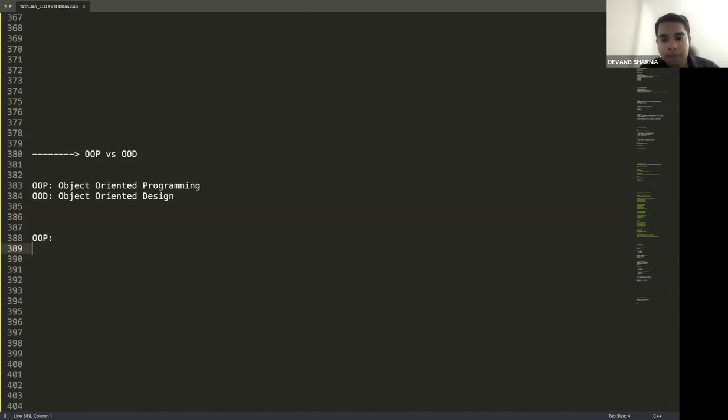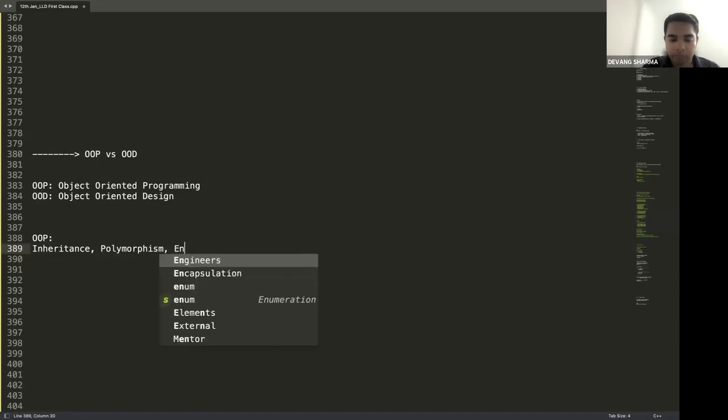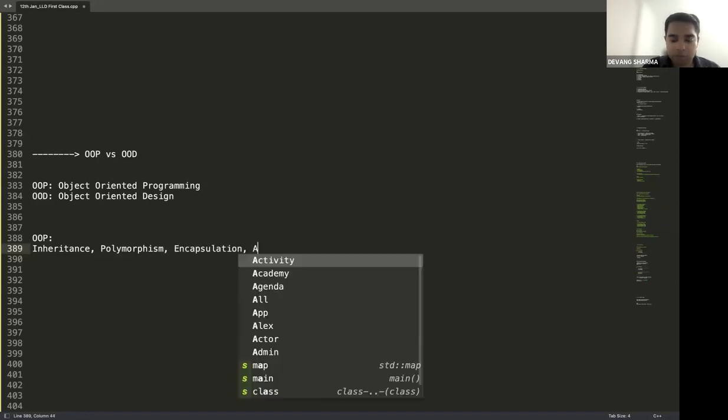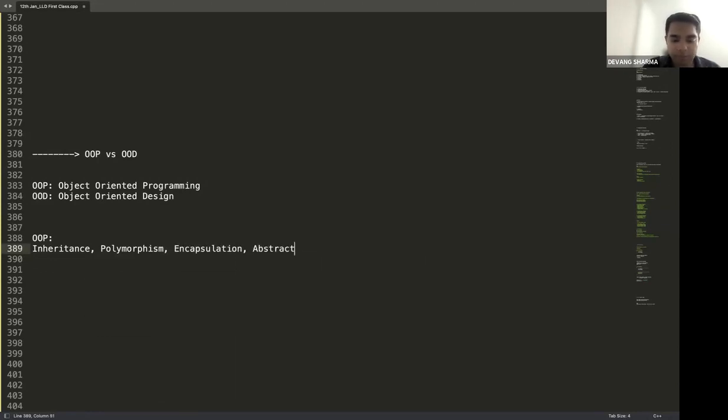Understand, there are four pillars. So what you are talking about is the pillars. But what is object-oriented programming? Object-oriented programming means we program based upon the objects following some pillars. Those pillars are called inheritance, polymorphism, encapsulation, and abstraction.